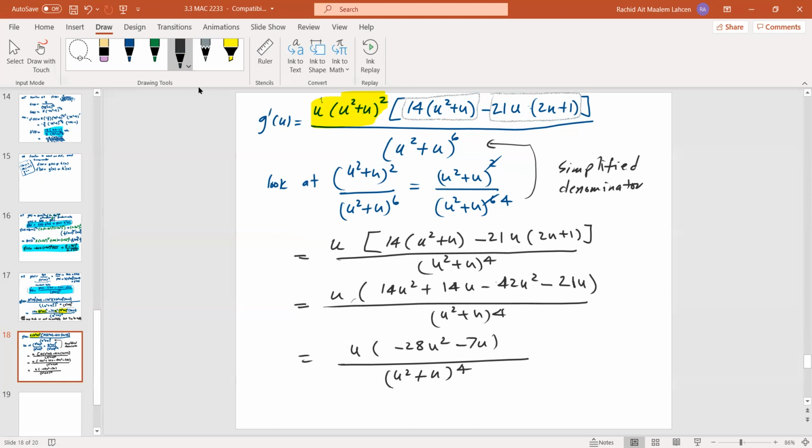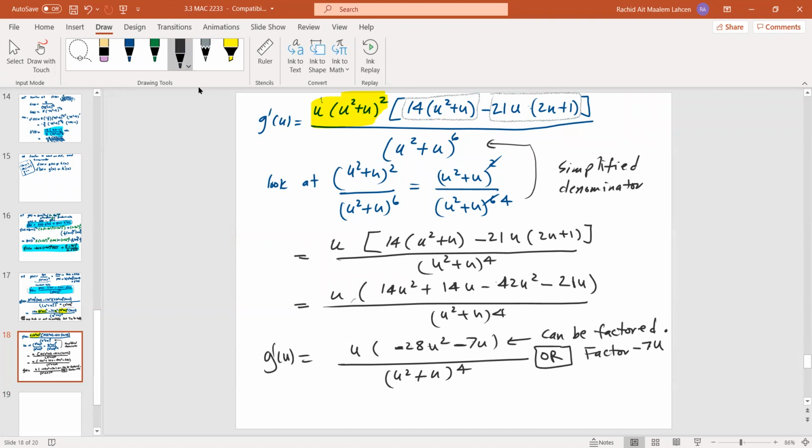And as you see, this can be factored. And if it can be factored, so this is good, that's a final kind of answer. But since it can be factored, we can go ahead and factor a negative 7, because there is a negative and a 7 in there and a u, right?